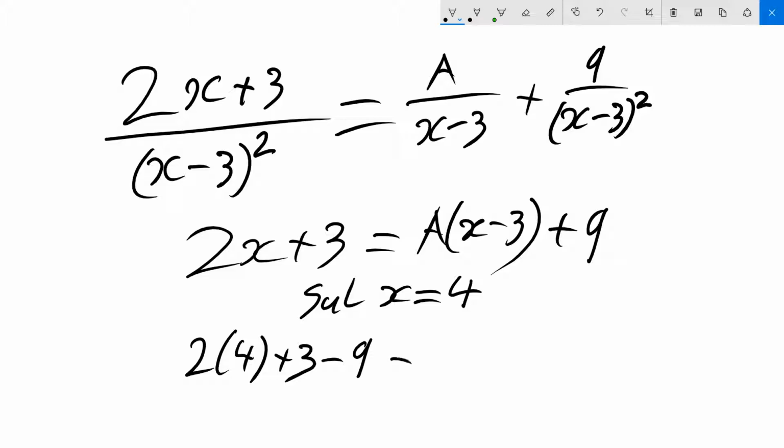Minus 9 equals 1A. So this becomes 2 times 4 is 8, plus 3 is 11, minus 9, that's 2. So 2 is equal to A.